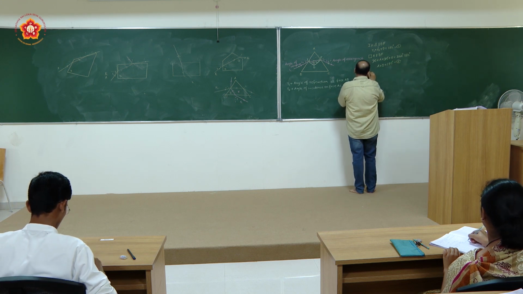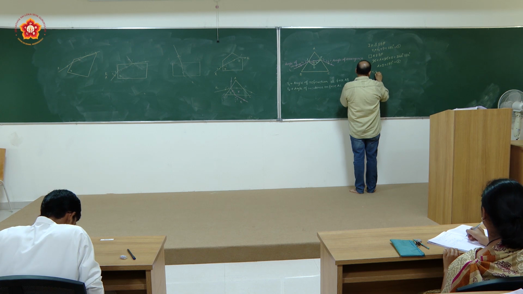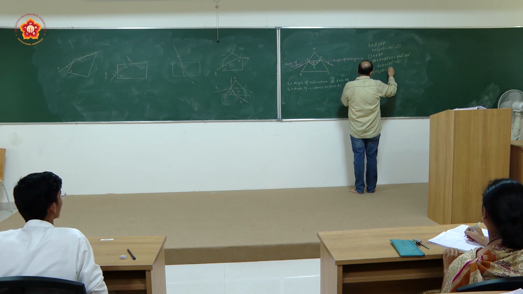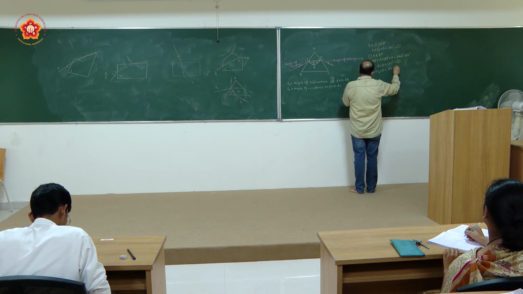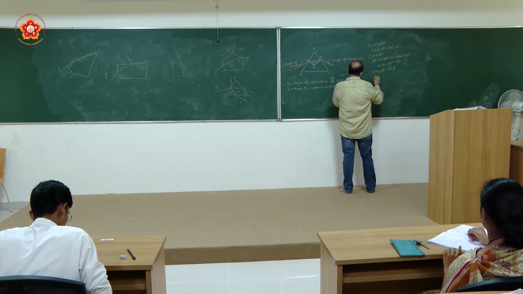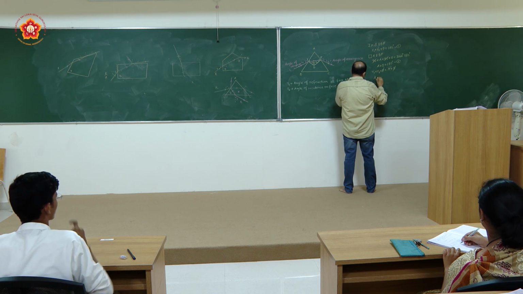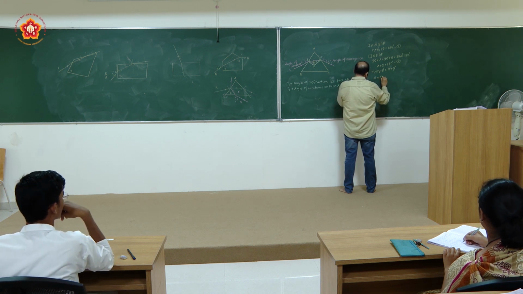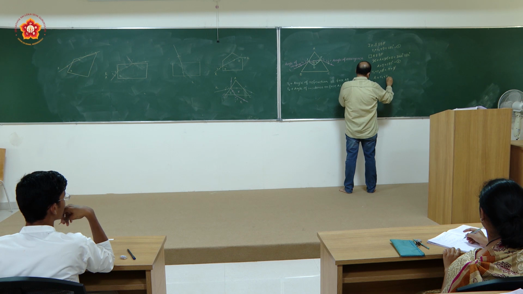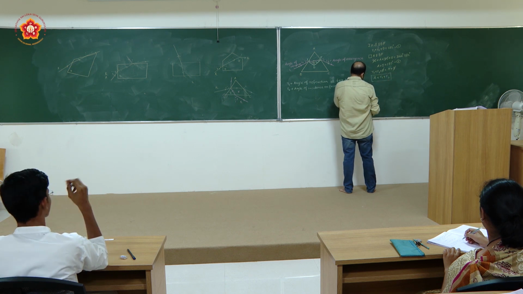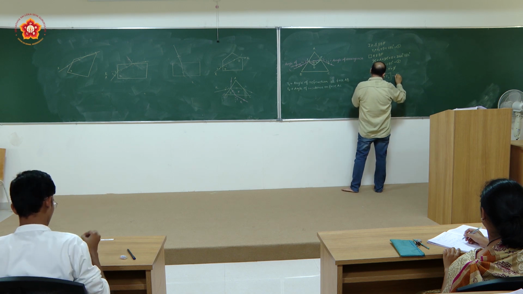So I can rewrite here R1 plus R2 plus theta is equal to A plus theta. The factor theta gets cancelled, and I am able to write down that the angle of a prism is the sum of the angles of refraction at the two faces of the prism. This is my first equation today.